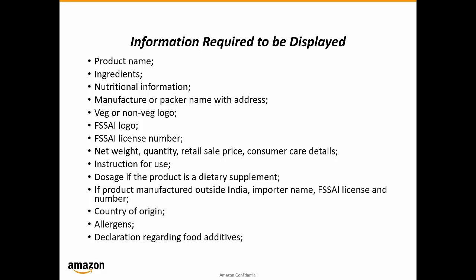Another is instruction for use, and dosage if the product is a dietary supplement. If the product is manufactured outside of India, the importer name and FSSAI license number should be written on the product, along with country of origin, allergen, and declaration regarding food additives. That is the information that should be displayed on the label.